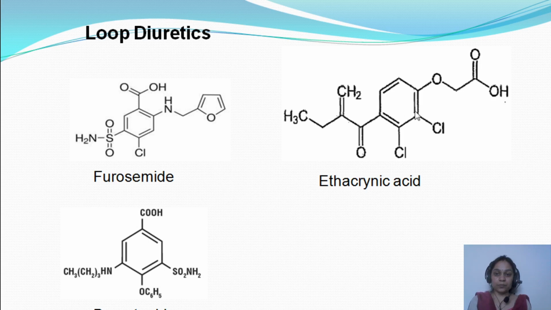Phenoxyacetic acid, this one. And this is the structure of bumetanide. Bumetanide is 40 times more potent than furosemide.